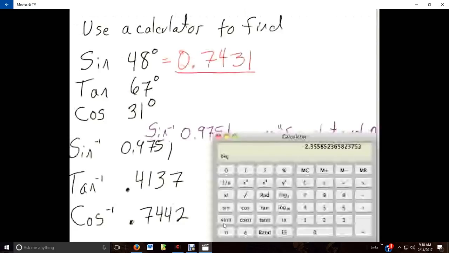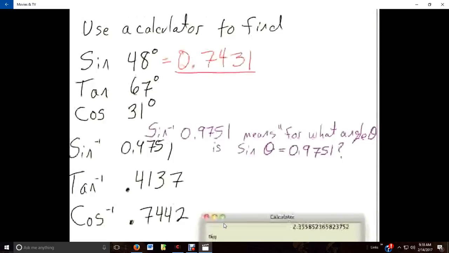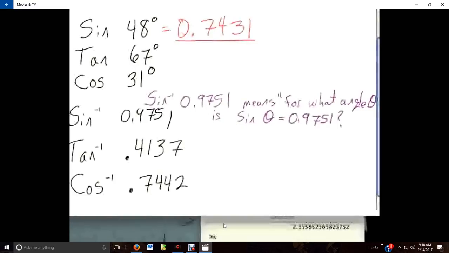So getting a 2.35585 is not that surprising. Okay, so again, we'll go ahead and let it round to 4 decimal places, 2.3559.